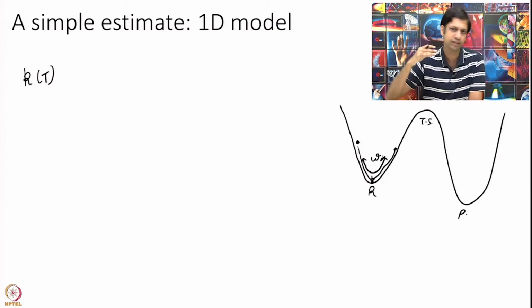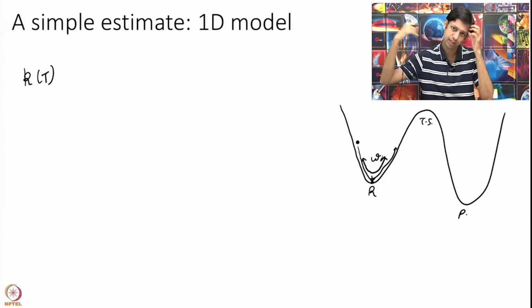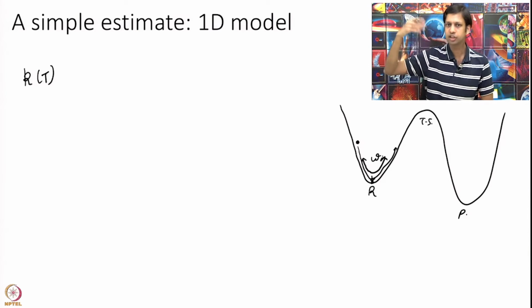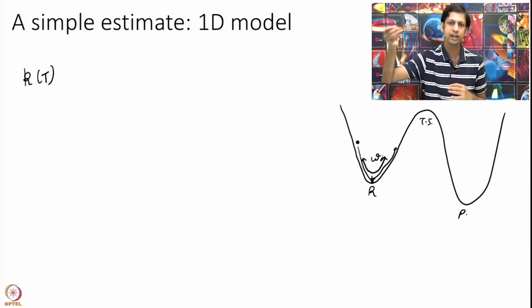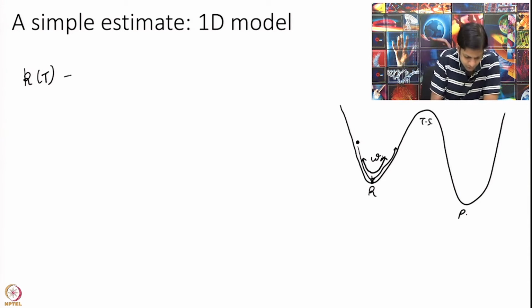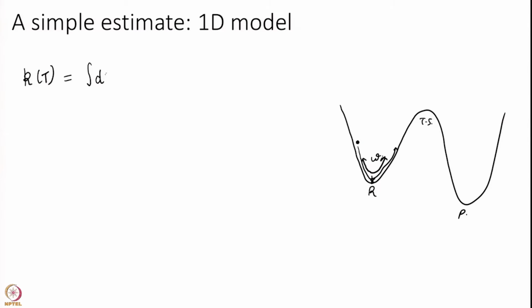So, my trajectory number 1 is at energy E1, I calculate the rate for this trajectory at E1, I think of another trajectory at energy E2 and I calculate that rate and I basically find an average. More mathematically what I am doing is, I am integrating over all possible energies, I have to find the probability density of being at that energy multiplied by the rate at that energy. So, I will call this k of E just so that it is easier for me to write.